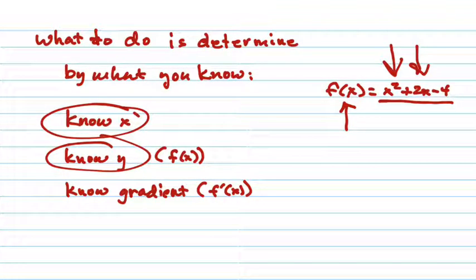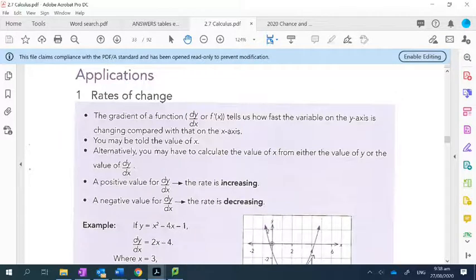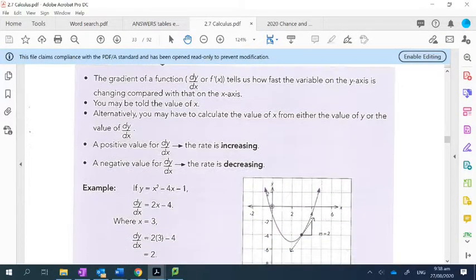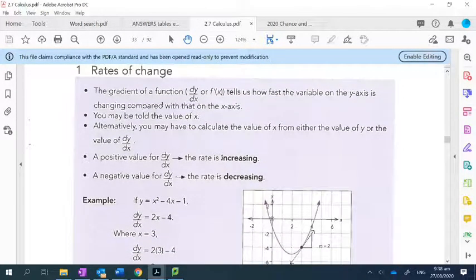Let's take a look at some of these, and we'll do one of each type, because you'll see they're very similar to what we've been doing. Remember that the gradient tells us how fast the variable on the y-axis is changing compared to that on the x-axis. In other words, how far it's going up compared to how far it's going to the right, or how far it's going down depending on how far it went to the left.